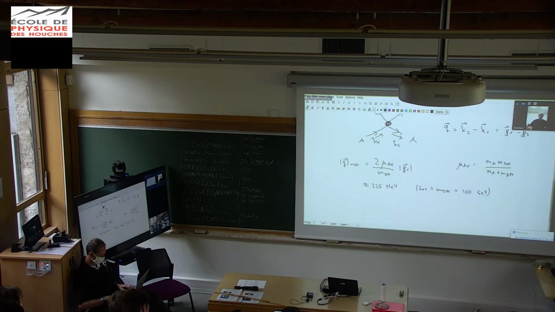If you know the mass of the nucleus, you can also calculate the transferred energy, and the maximum transferred energy is also small. In this case, it's about 2 keV. So these are low momenta and low energy processes.